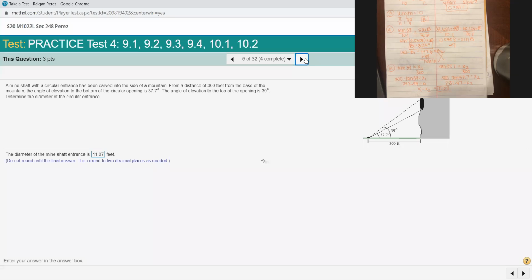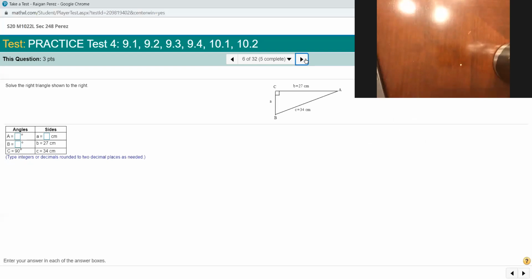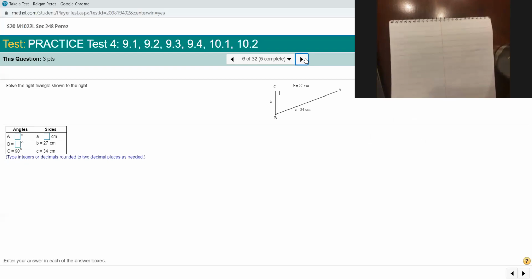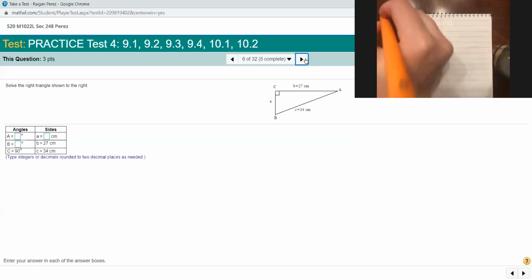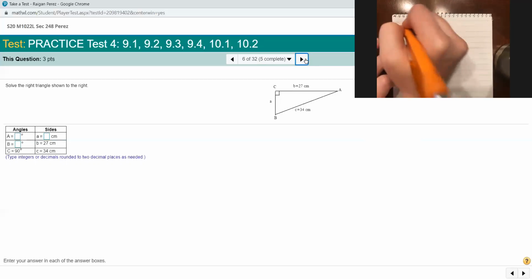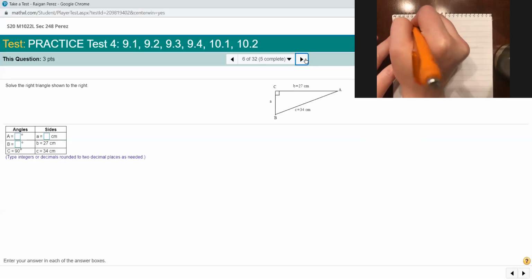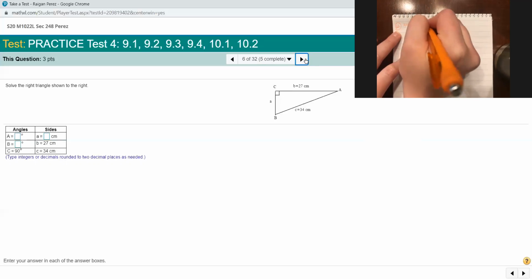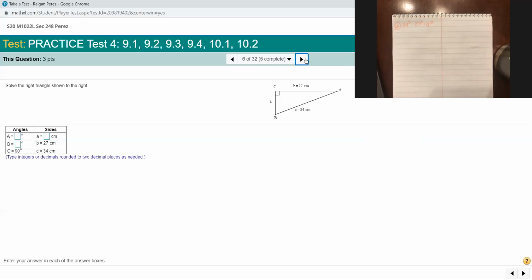All right, number 6. Okay, solve the right triangle given the information. So it gives me B and C, so I'm going to use Pythagorean theorem to go ahead and find that last side. So 34 squared minus 27 squared is A squared.